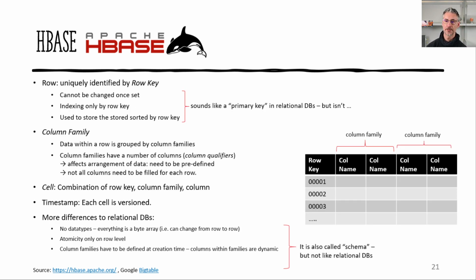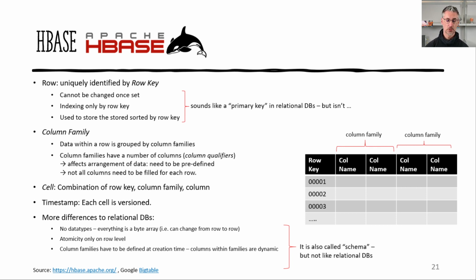Here you can see how it works a bit behind the scenes. We have rows that are uniquely identified by a row key. Those cannot be changed once they are set, and only indexing by row keys is allowed. So it's a bit like a key in a relational database, but sort of it isn't. And then we have columns and column families, that is, data grouped within the column families.